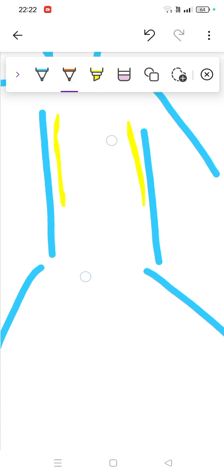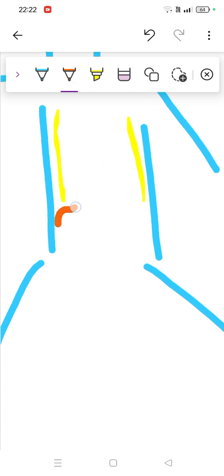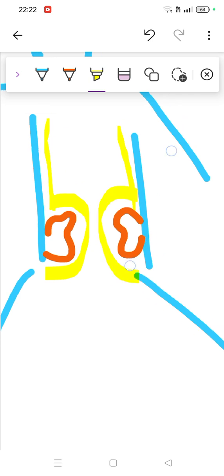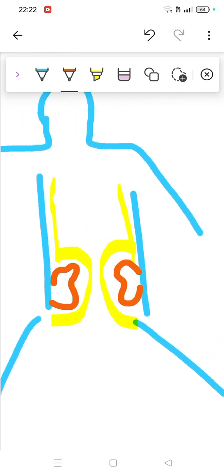But the kidneys are present quite at the back. So the body wall does not cover the kidneys; a kind of structure is formed like this. So first, when we talk about the position, it's basic information.